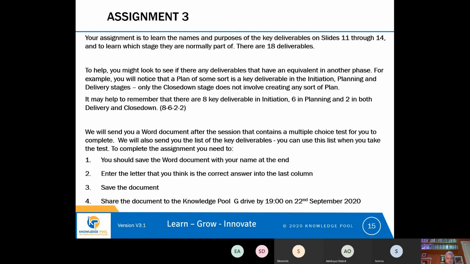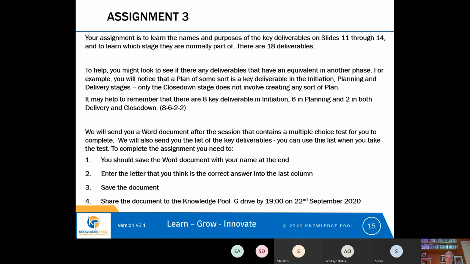But assignment 3 is really an assignment in rote learning, and it's just really useful for you to learn what deliverables are created in what stage of the project. That knowledge will allow you to work effectively within a project team.